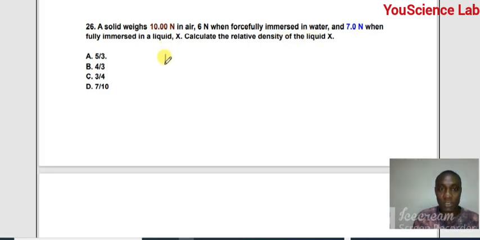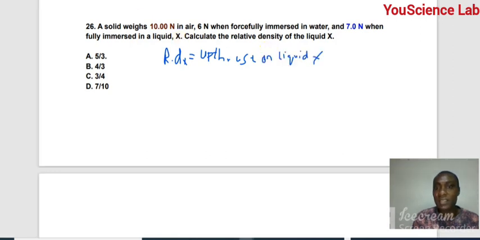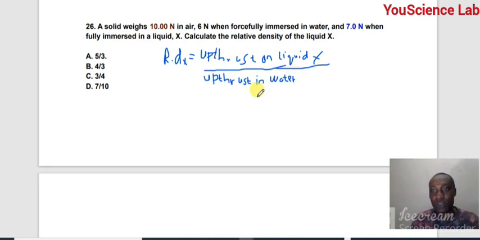Now, relative density of the liquid S, RD of liquid X, is equal to upthrust on liquid S divided by the upthrust in the water. So the relative density is going to be equal to the upthrust in liquid S, which is the weight in air, 10.00, minus the weight in the liquid, that's 7.0.